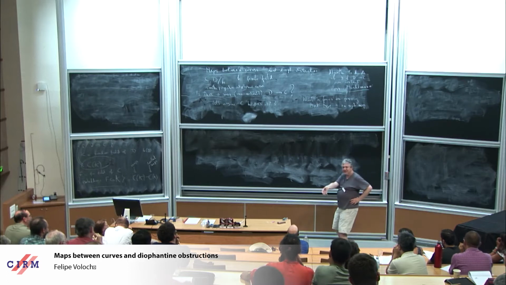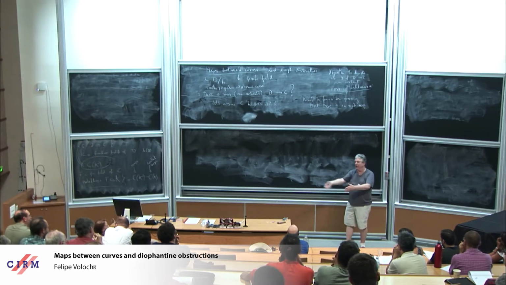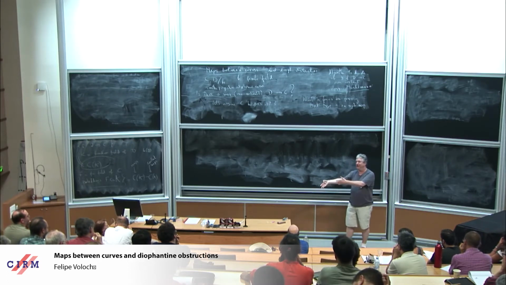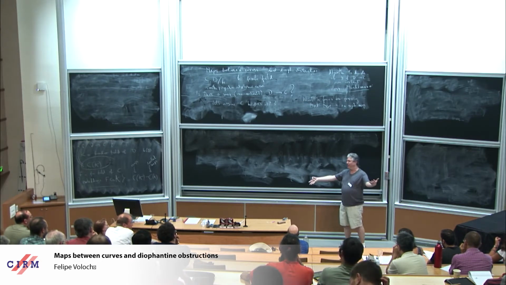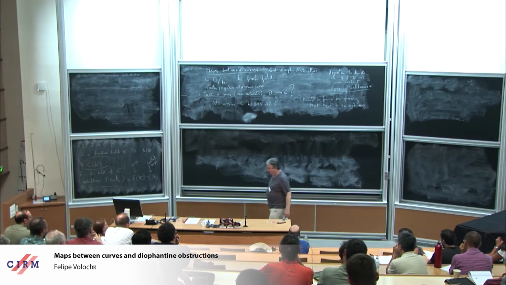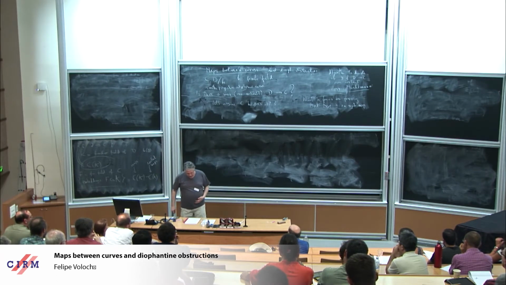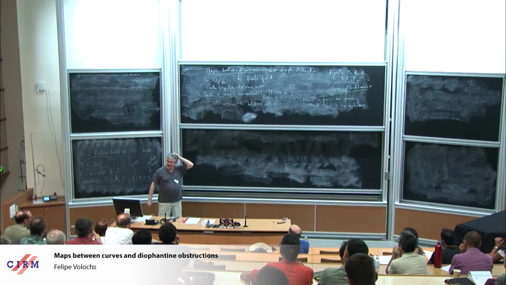So this is an interesting example of a situation where you want to show that there is no map, right? These curves are interesting if they're not covered by old curves. And actually in those cases it's fairly easy.